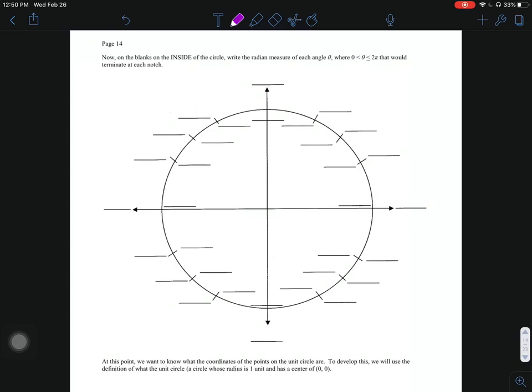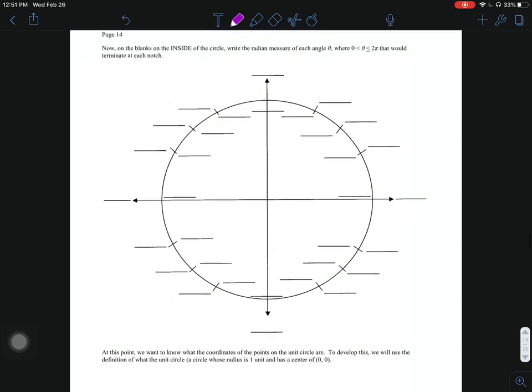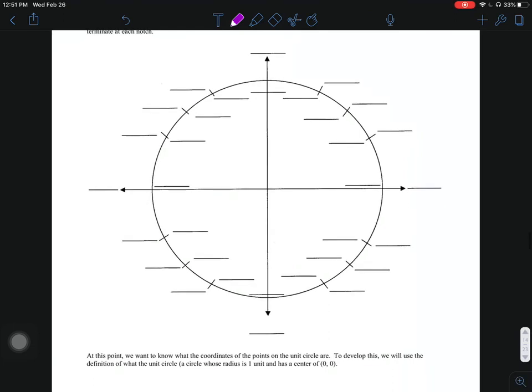Now it says here on this backside, we just want to label the angles inside the circle in radians. So I'll just do that real quick. We got 0 and 2 pi, pi over 6, pi over 4, pi over 3, pi over 2, 2 pi over 3, 3 pi over 4, 5 pi over 6, pi, 7 pi over 6, 5 pi over 4, 4 pi over 3.